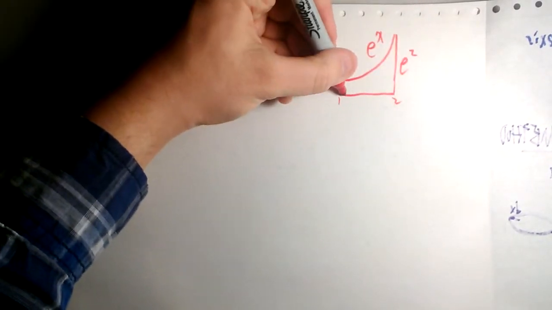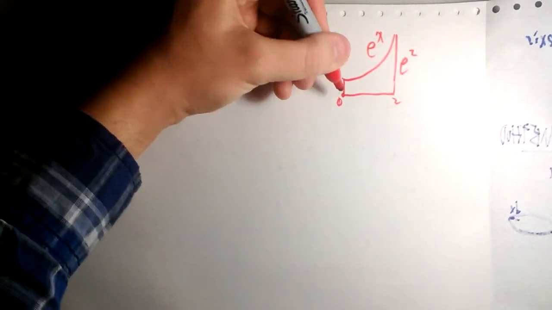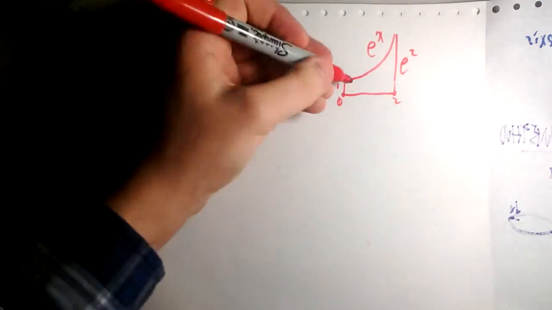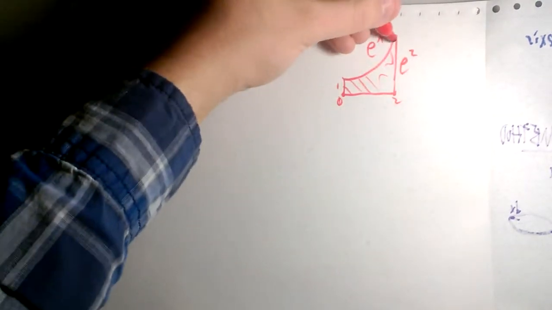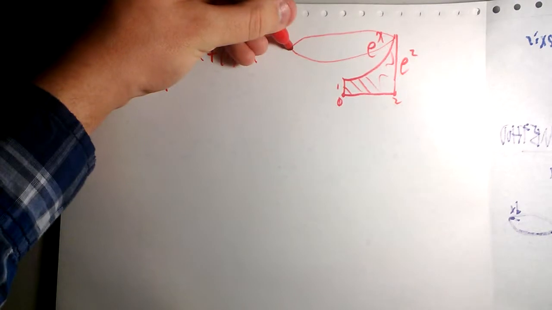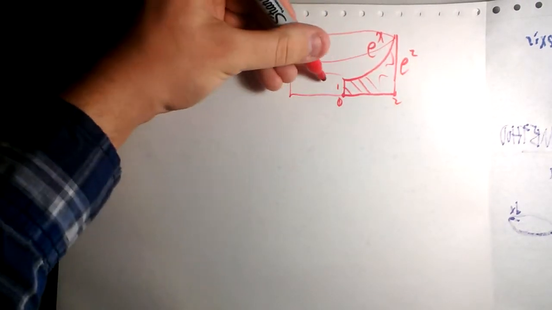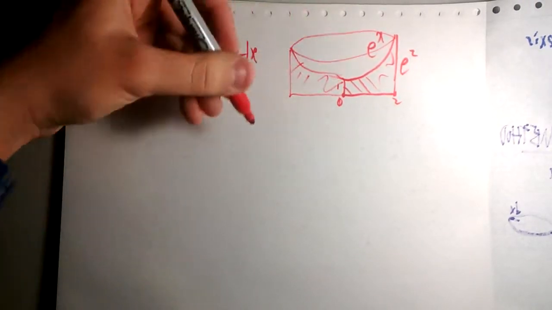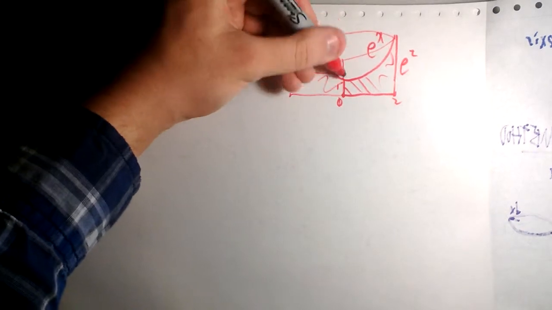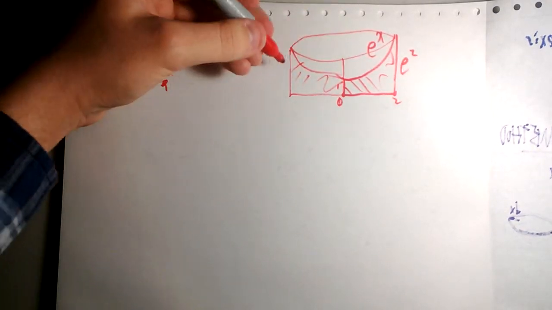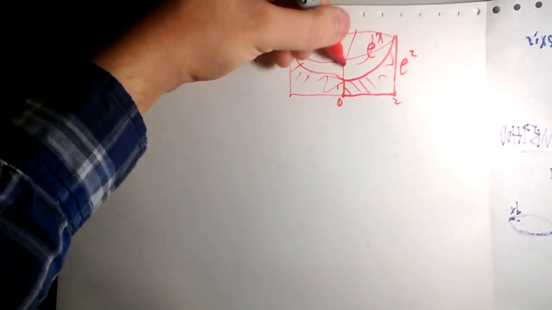That's 2, that's 1. I mean 0. All right? And we're going to rotate this around the y-axis, creating this awesome little dome kind of shape. That's just a cross-section of it, but you can imagine it rotated here. And we'll get this awesome little dome.